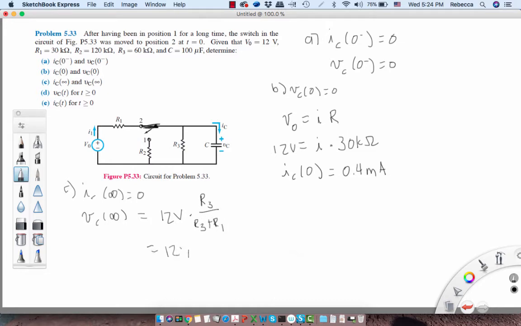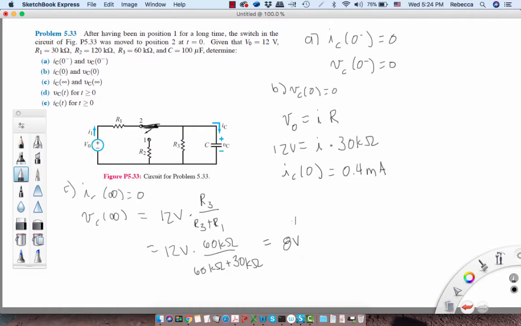That's 12 volts times R3, which is 60 kiloohms, over 60 kiloohms plus R1, which is 30 kiloohms, and that equals 8 volts.